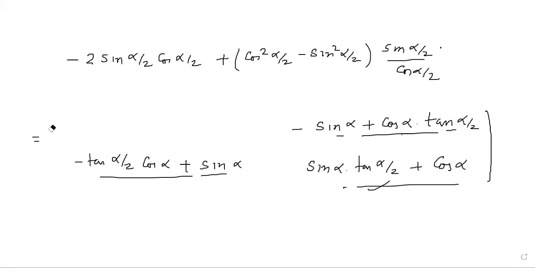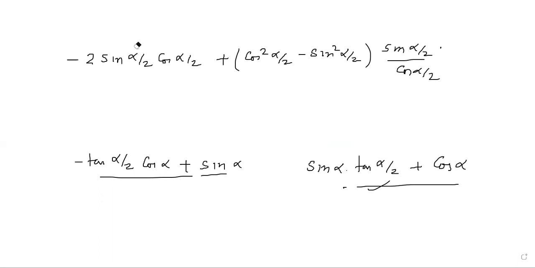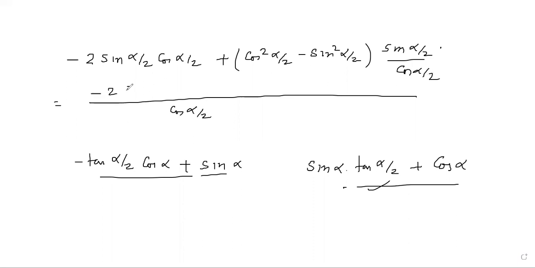So we take LCM. It will become cos alpha by 2, and this cos alpha by 2 will get multiplied to this term. So minus 2 sine alpha by 2 into cos square alpha by 2 plus here cos square alpha by 2 times sine alpha by 2 and minus sine cube alpha by 2.